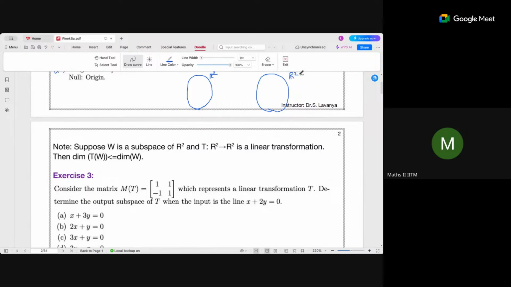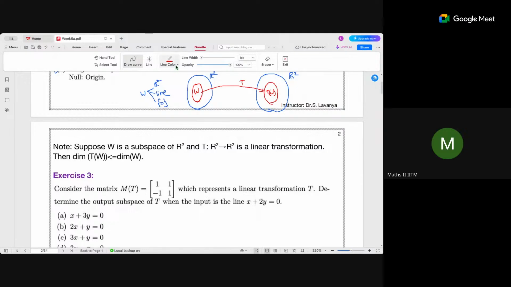And here you have a subspace W. W can be either R2 or a line or just zero, it can be anything. Then what about your T of W? This always has dimension less than or equal to the dimension of W.